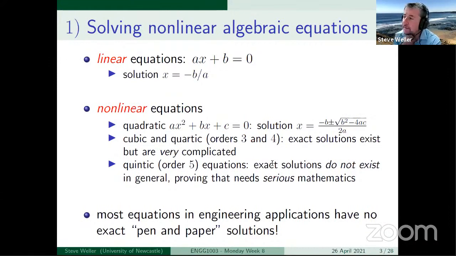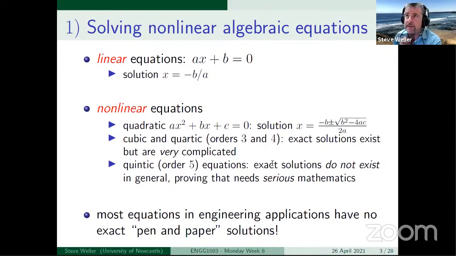Now, you might have seen it at high school and elsewhere written in the form y equals mx plus b, where m is the gradient and b is the intercept. Ax plus b is equal to 0 and y equals mx plus b are really the same equation, just written in different form. And linear equations are super useful in engineering.